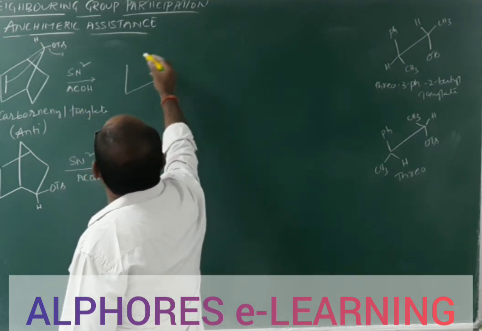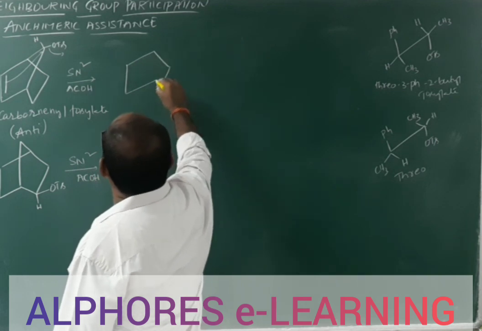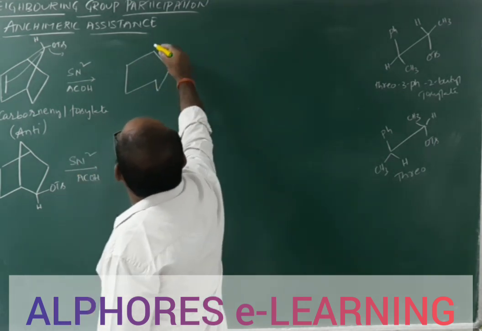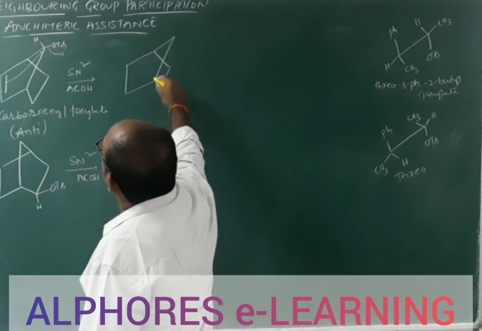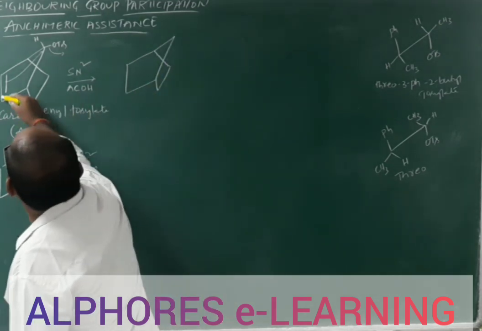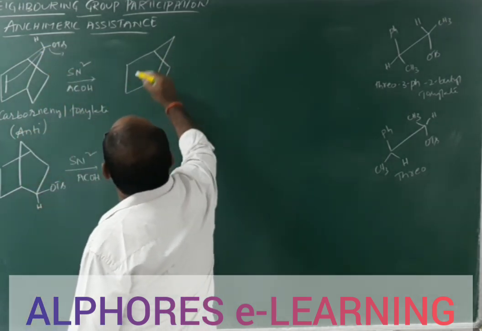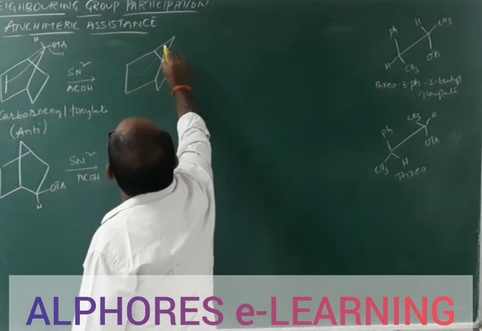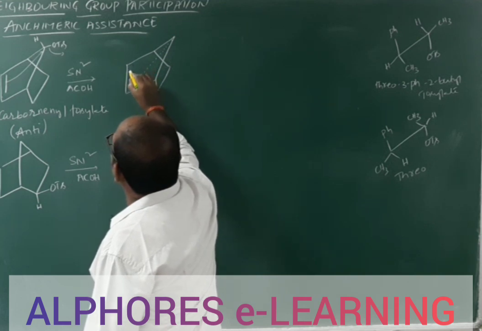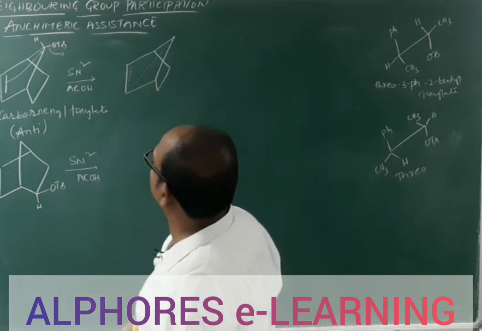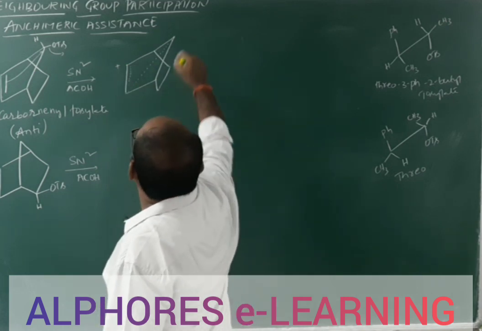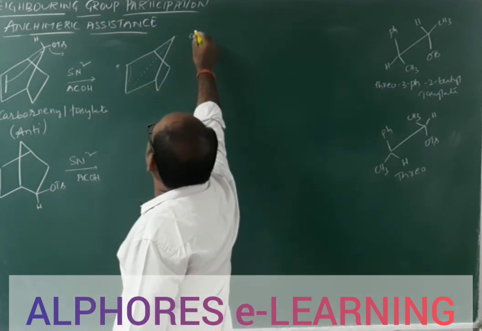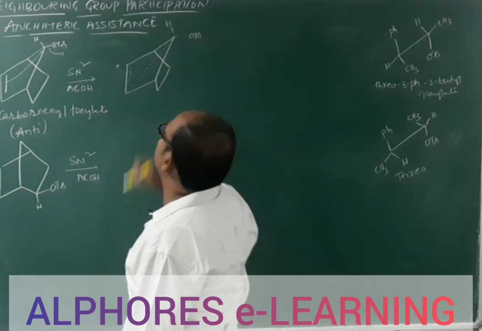Either of the carbon atoms here is the same, there is no difference. We are getting it like this. Suppose if donation takes place from this carbon, we can say like this. Here between these 2 there is partial double bond character, as a result this carbon is going to bear a positive charge and OTS is going to leave. Here H.